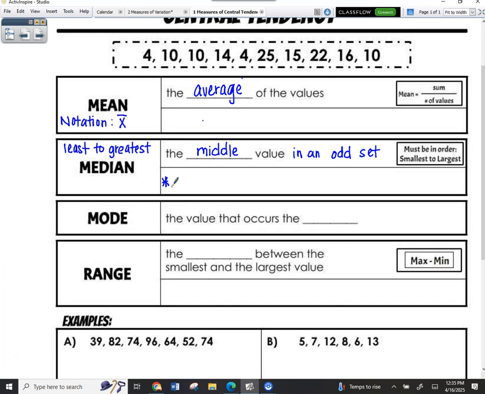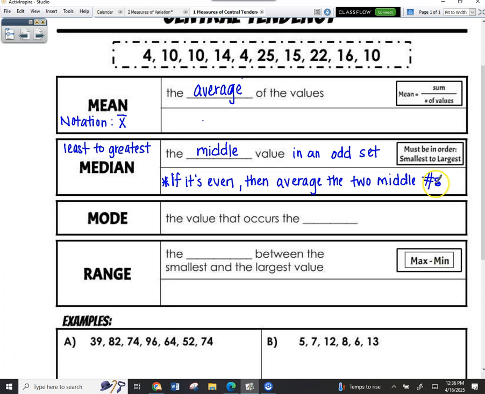Okay? So let's take some notes right here. We're going to say, if it's even, then average the two middle numbers.